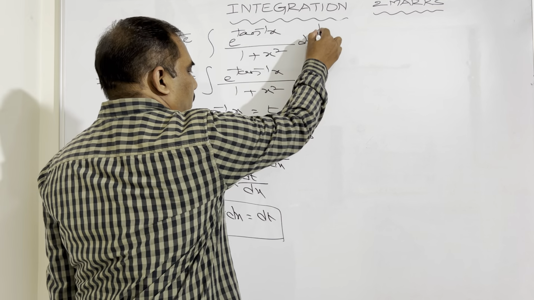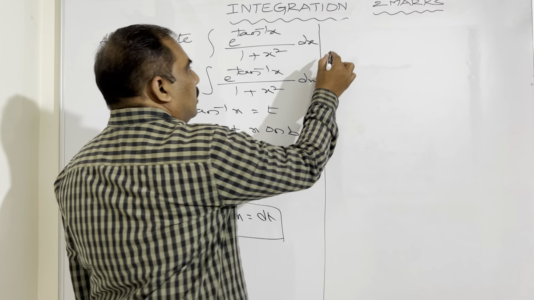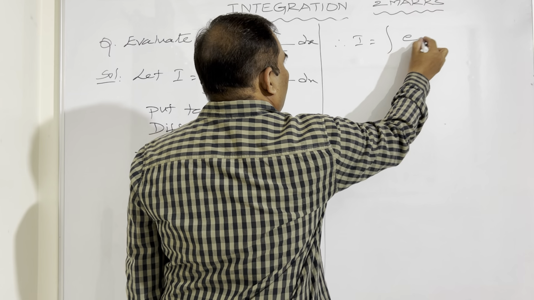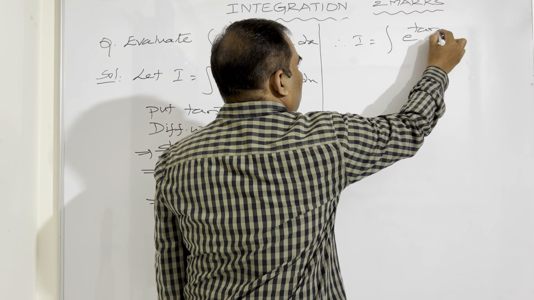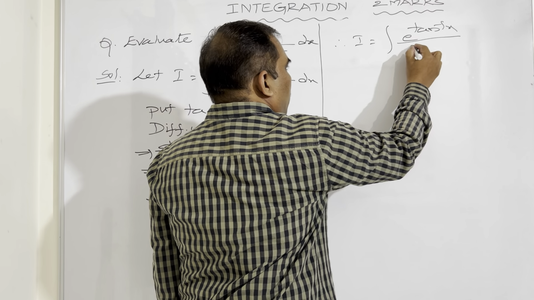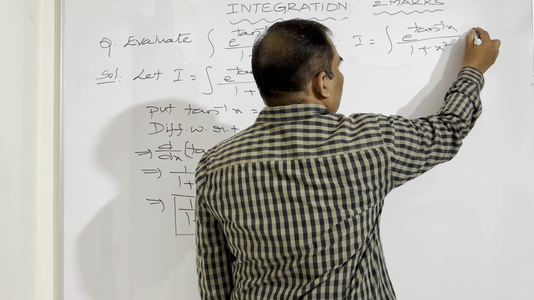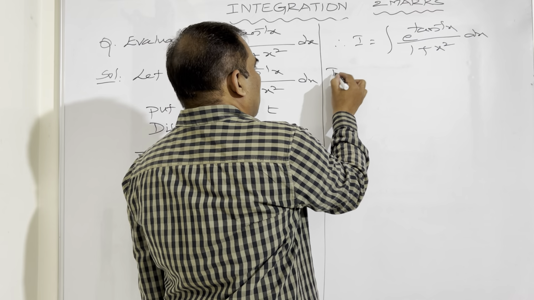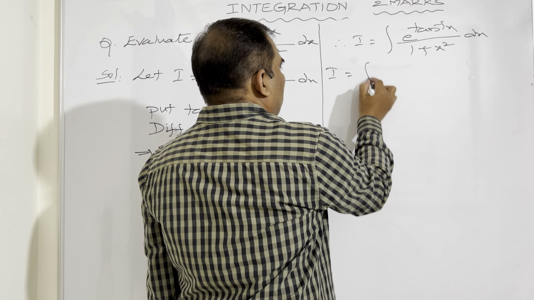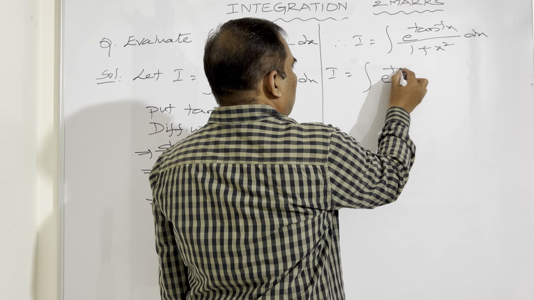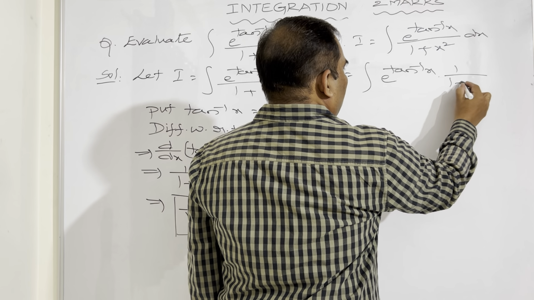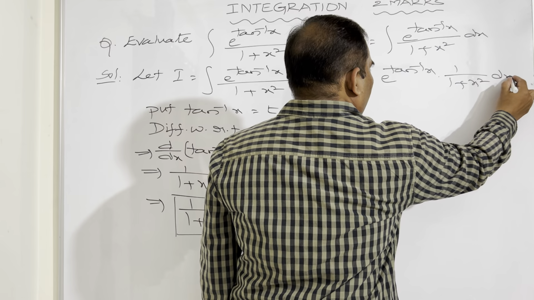Now once again take the given integral to find the solution. Therefore I is equal to integral e power tan inverse x whole divided by 1 plus x square dx. It can also be written as I is equal to integral e power tan inverse x into 1 by 1 plus x square dx.